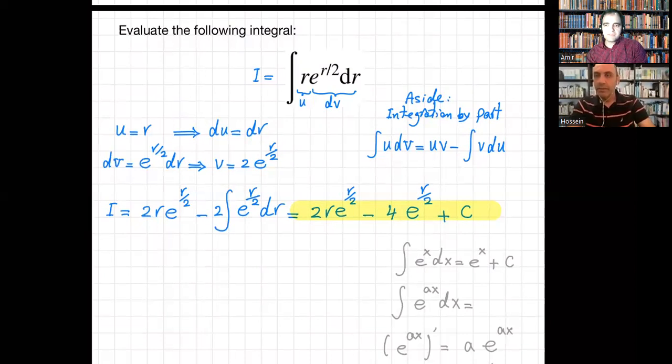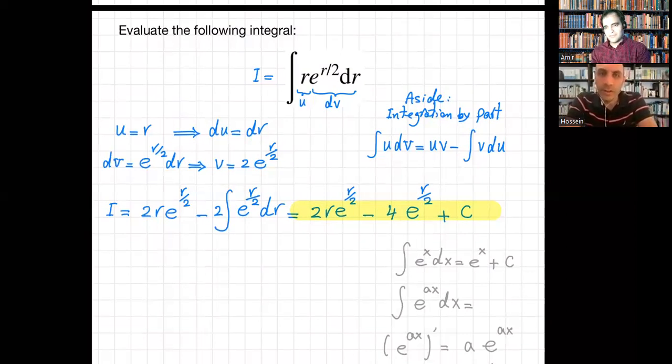Yes, there is a trick to reduce the power to 0. There is a trick for some problems. If you choose u and v inappropriately, you actually don't solve the problem. You make it more complicated.